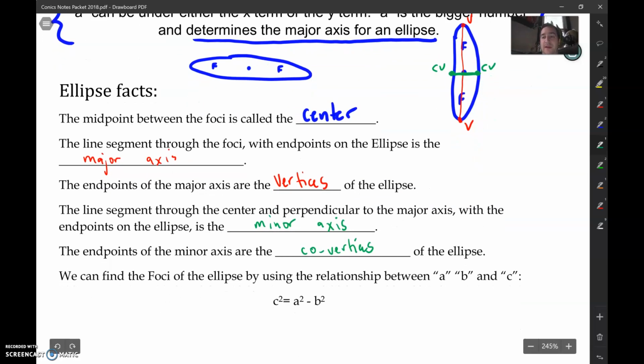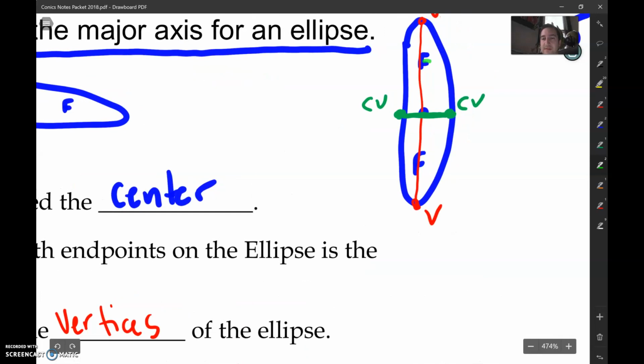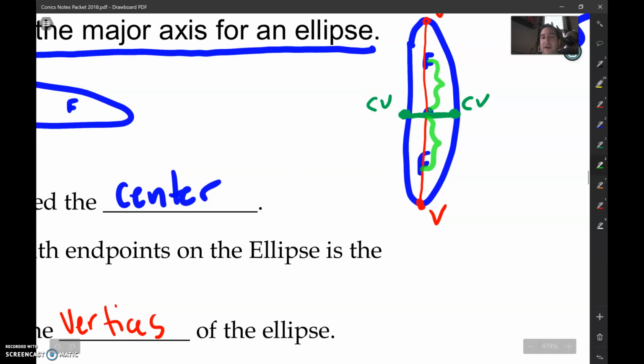So last piece, and then we're ready to dive into some examples, is how do we find the foci? I'm going to use lime green here. How do we know what this distance is? The distance from the focal point, from the foci to the center. That distance right there. How do we find that?